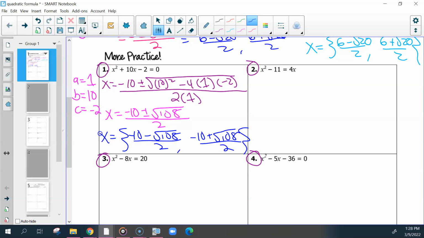We are going to get to some ones that we can take the square root of. I think this next one we're going to do is not that case, but that's okay.